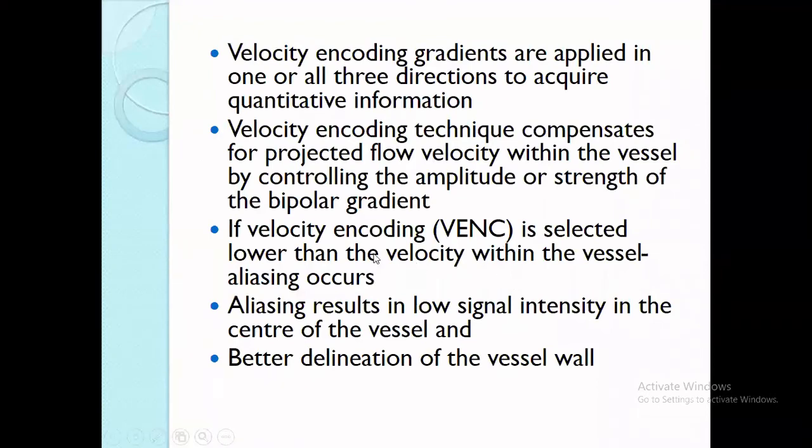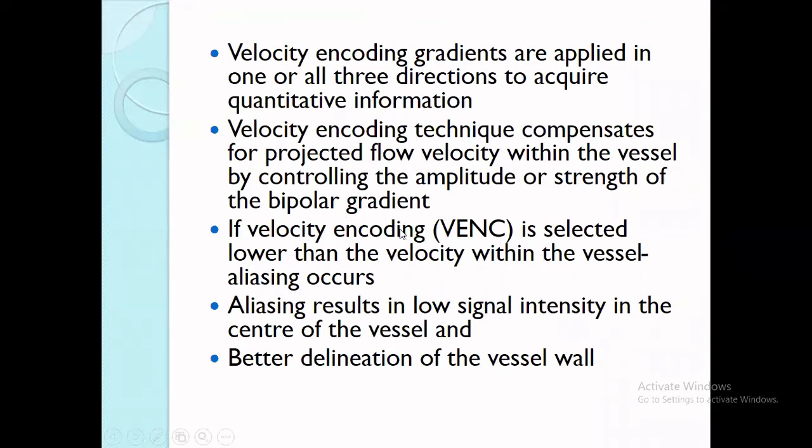If velocity encoding is selected lower than the velocity within the vessel, aliasing occurs. Velocity encoding is something where you apply a particular velocity. So how did we get those velocities of the particular arteries? We have measured them through research. By research we know that this particular artery or vein has that much velocity.